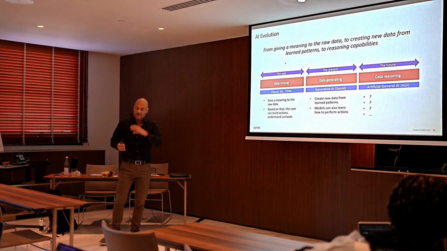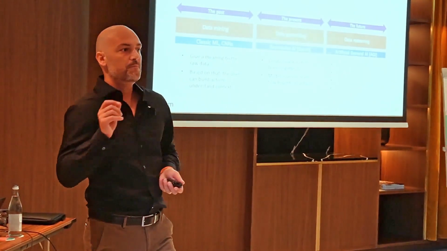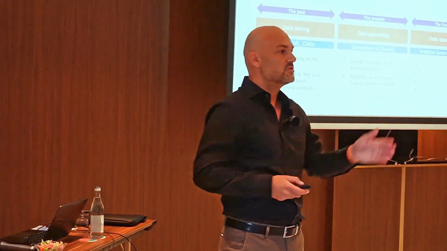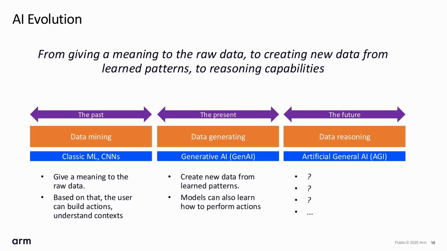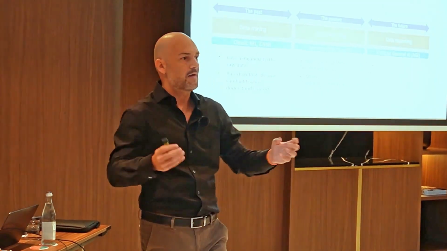So let's talk about the AI evolution, because this will probably explain why these models are getting larger. And this is something we have seen in the past, also with convolutional neural networks 10 years ago. In the past, when we were talking about AI or ML, we were actually referring to data mining. We have a lot of data. What does data mining mean?